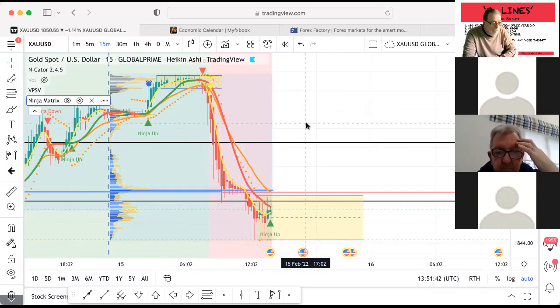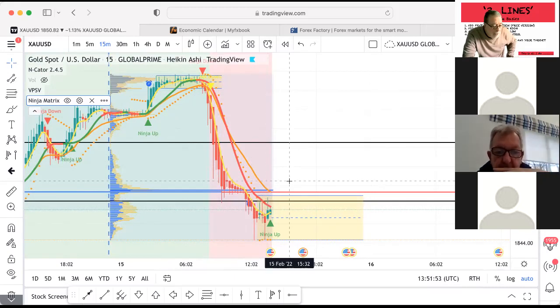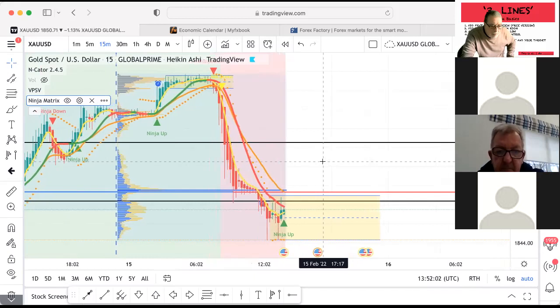So I'll be looking for a ninja up, a ninja matrix up, and the 5 MA above what will become a green 13 MA. Only when those conditions are satisfied will I consider getting in. Anybody got any questions on that?